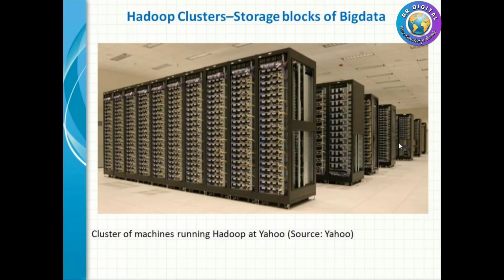And how will your data generally be stored in Hadoop servers? In real time, here we are seeing a server room in the Yahoo company. In this server room, we are seeing racks, rack 1, rack 2, rack 3, and a number of racks available. Inside each rack we are seeing some disks, right? Small disks. In real time, whatever data the Yahoo company is generating, all the data is stored inside these hard disks.